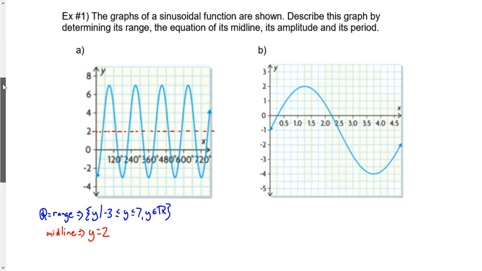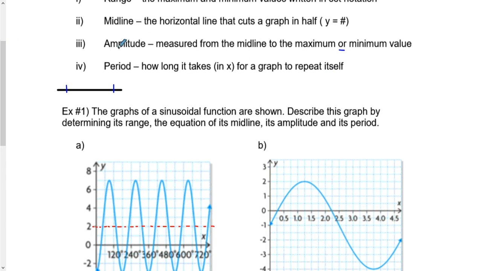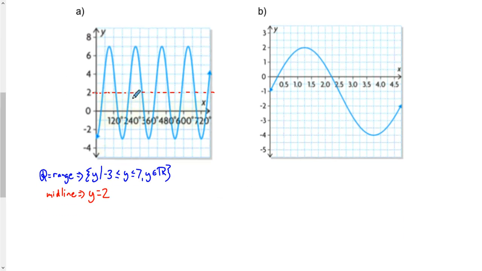The next characteristic is the amplitude. The amplitude is measured from the midline to the maximum or the minimum value. Which means if we measure from our midline all the way up to its maximum, that is a size of 5.